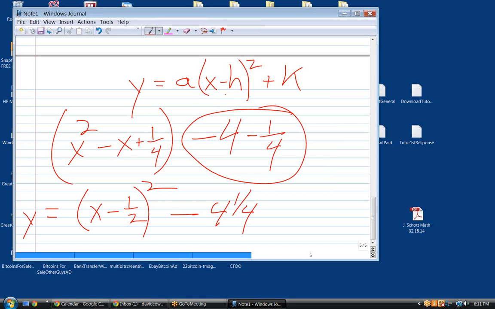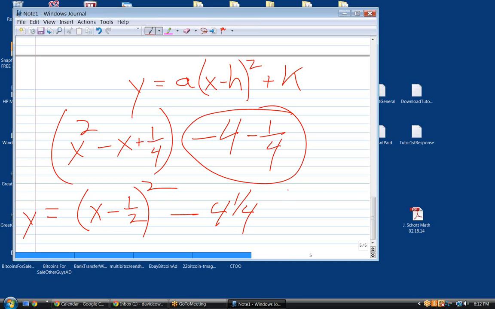So h will be positive 1/2. In other words, the format is x minus h, much like when you're doing translations left and right. If h is positive, you go to the right. If it's negative, you go to the left. Same thing here. It's always going to be x minus h, even when you get to conic sections.